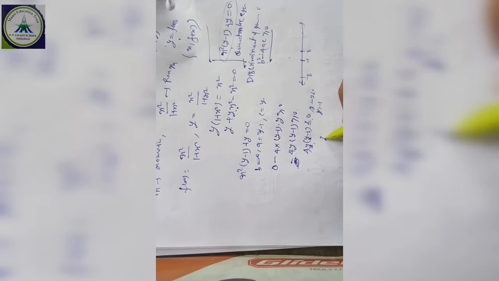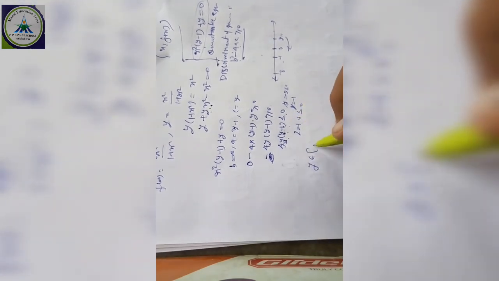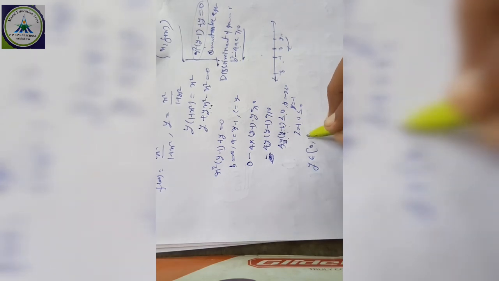So the values at y = 0 and y = 1 verify that the expression is less than or equal to 0. Between them the value is negative, so y lies in the interval 0 to 1.